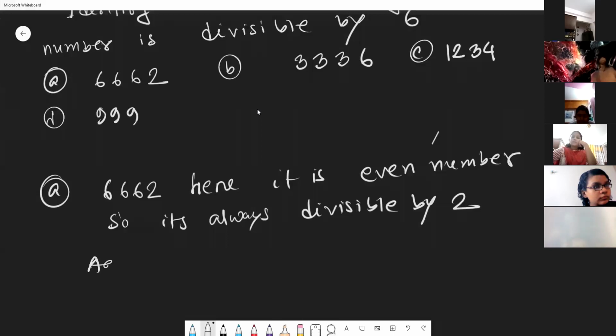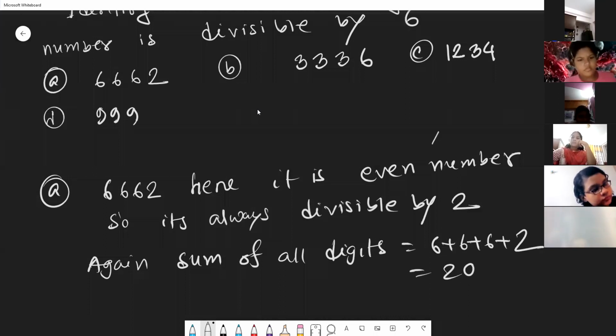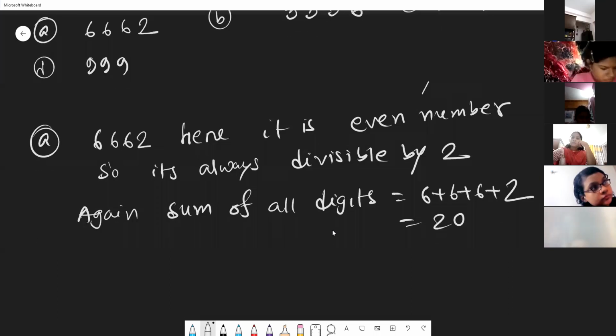Again, the sum of all digits is 6 plus 6 plus 6 plus 2, that is 20. Now test by 3.